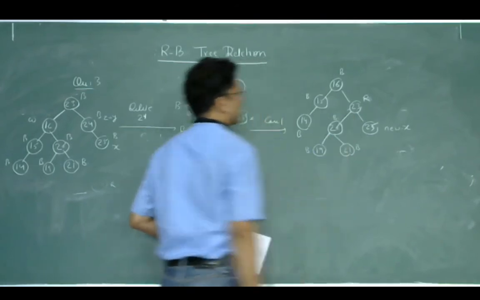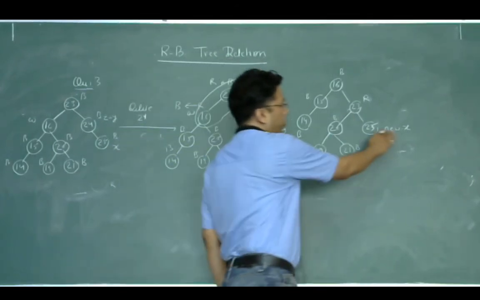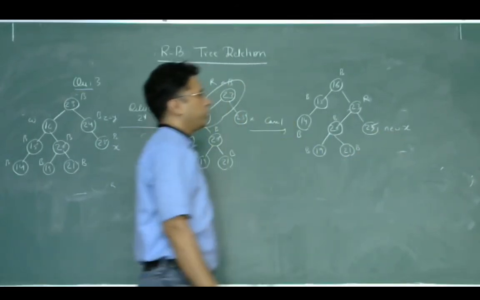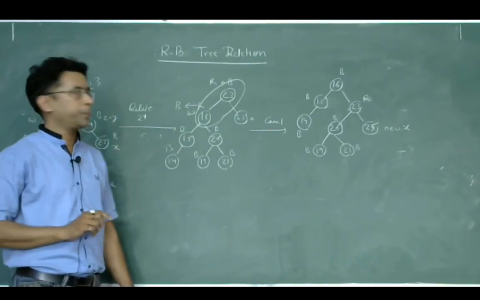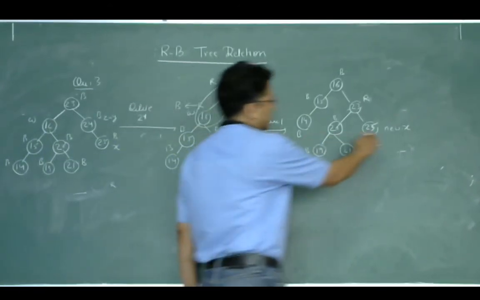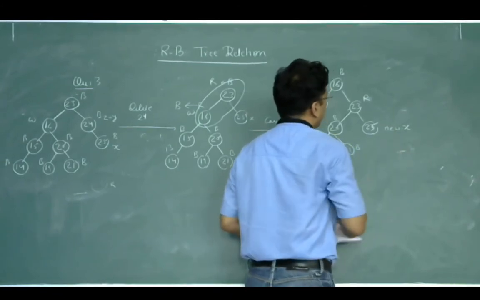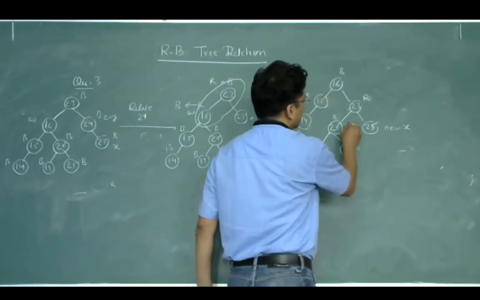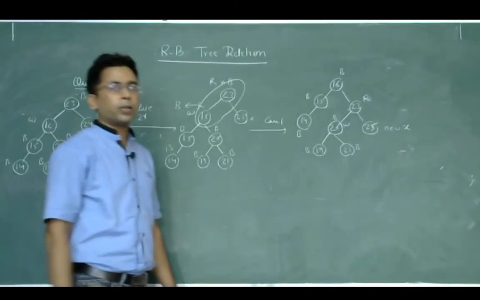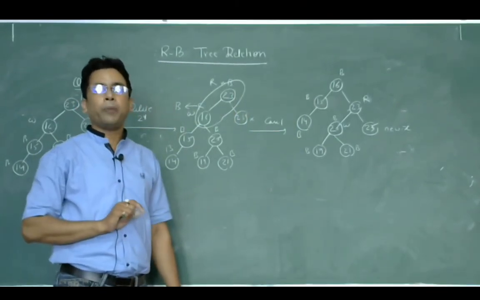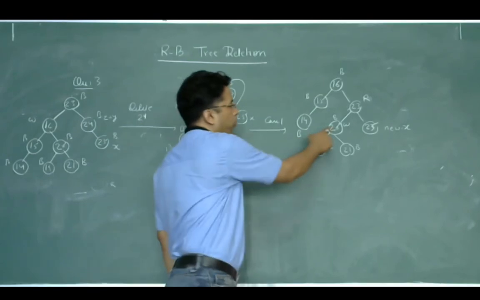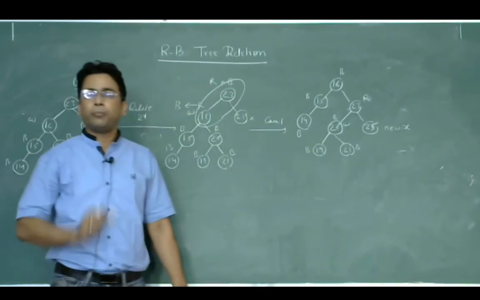Now with respect to this new value of x we shall decide which case should be applied. With respect to this new x, this is the sibling. Now the sibling is of black color, and both of its children are of black color.